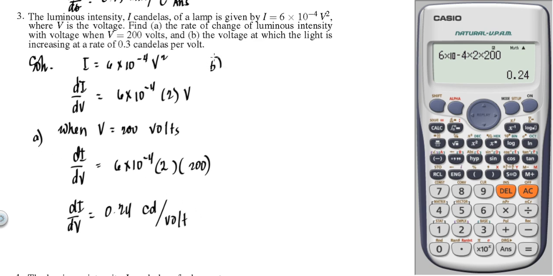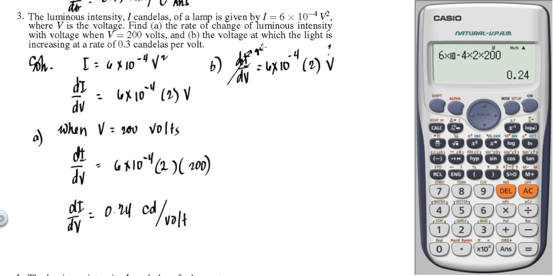How about letter B? In letter B, the voltage at which the light is increasing at the rate of 0.3 candelas per volt. So here, given is the dI over dV, and in question is the voltage. Same equation, we have dI over dV equals 6 times 10 raised to minus 4 times 2 times V. Again, this is the unknown, and this is 0.3.